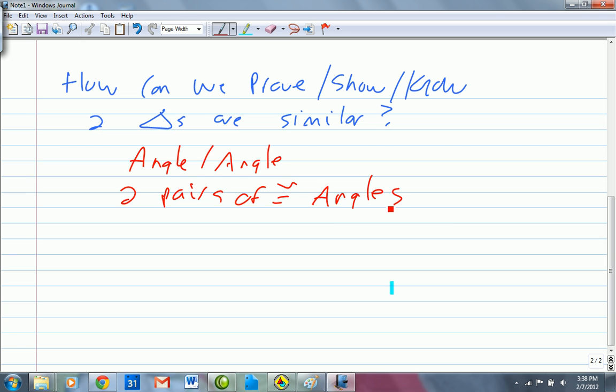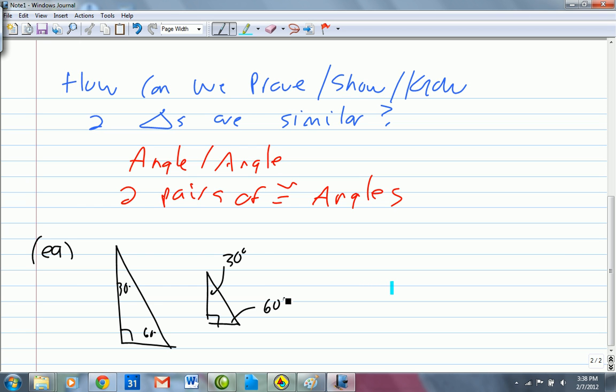For example, if I looked at these two triangles here, let's say I had a 30, 60, 90, and let's say I had a smaller 30, 60, 90. This angle right there is 30, that angle right there is 60. Then I could certainly establish that those two are similar.